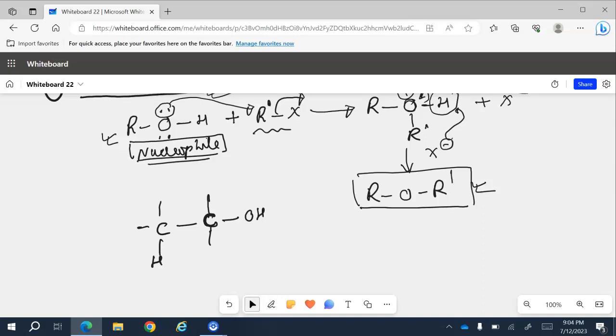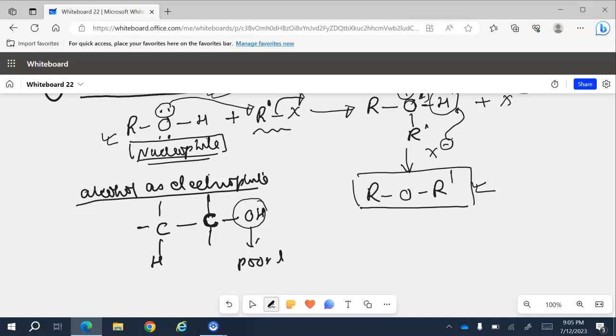But whenever it is acting as the electrophilic center, this OH will have to leave as the leaving group. But as we know, OH is a poor leaving group.